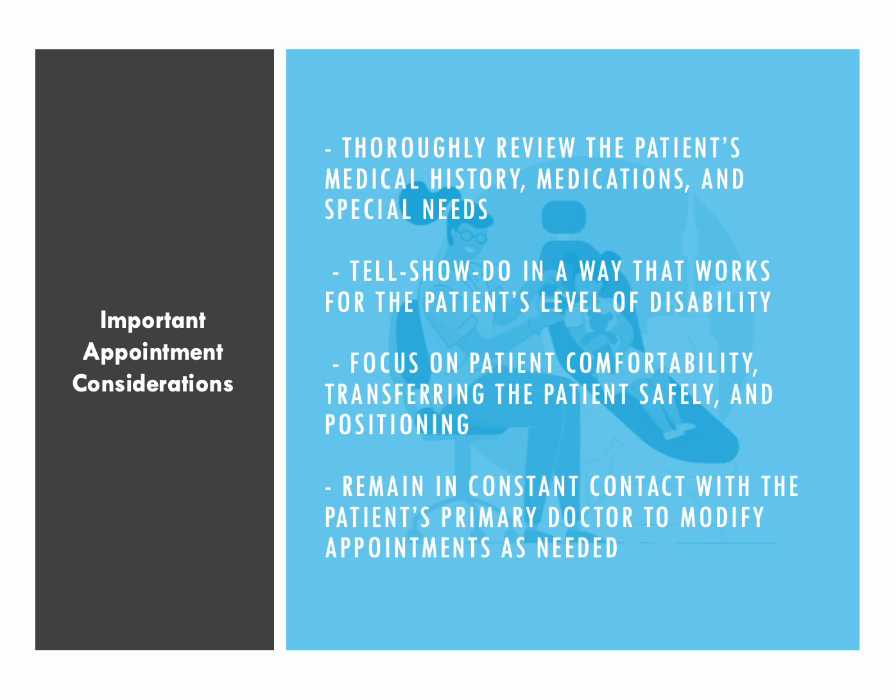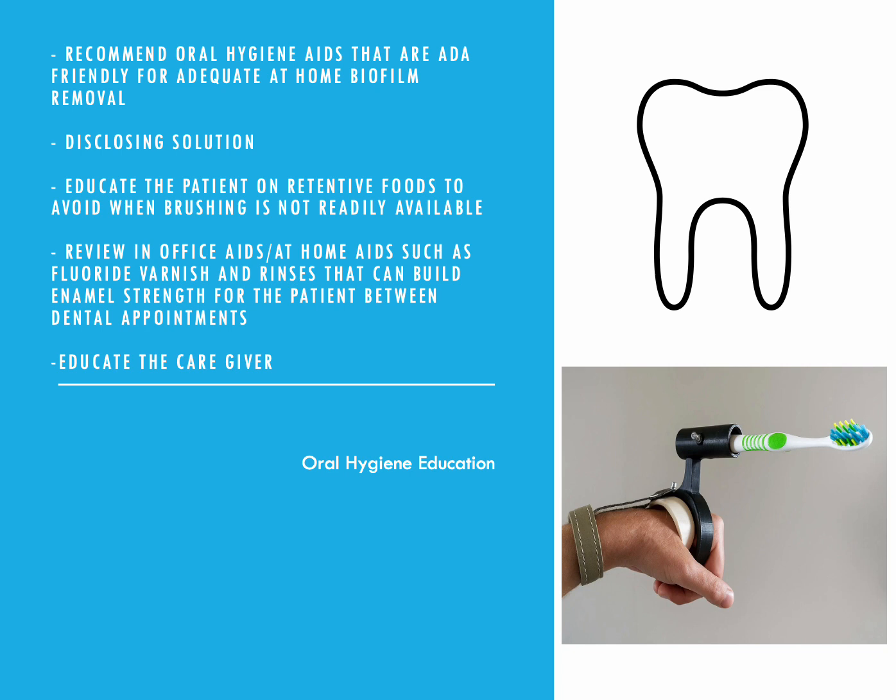Oral hygiene education. When you're educating your patient on oral hygiene, you want to recommend aids that are ADA friendly for adequate at-home biofilm removal. These can include a toothbrush with a longer handle or a larger handle for better grip, a toothbrush stabilizer, or a toothpaste stabilizer, or you could also recommend a flosser that has a handle on it for the patient.